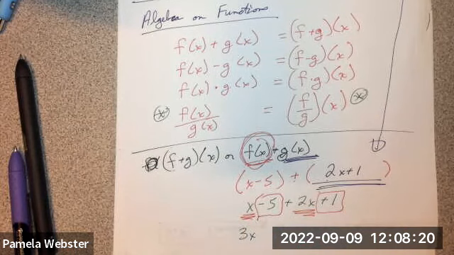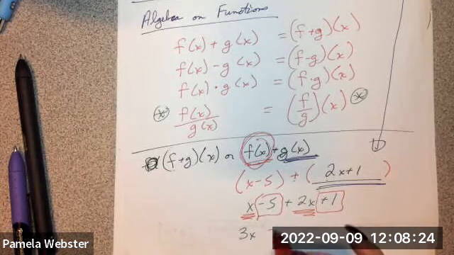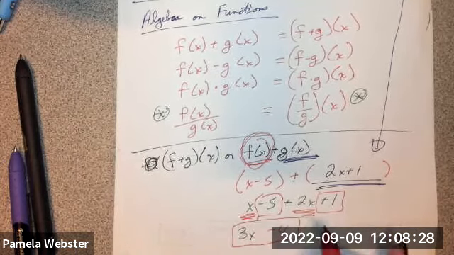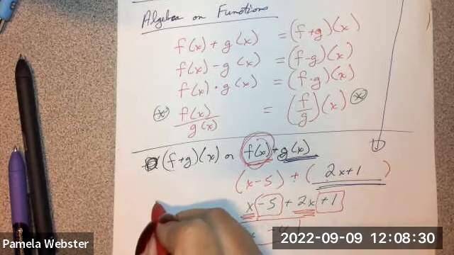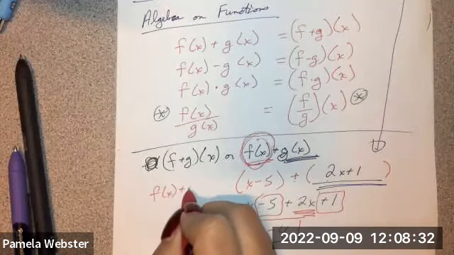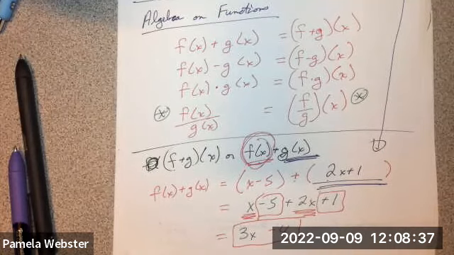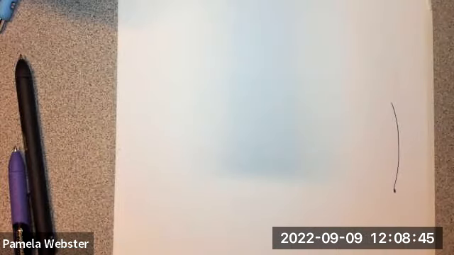So what's minus 5 and plus 1? Minus 4, right? Negative 4. So what I have here, when I finish, and I didn't write it here, but it was f of x plus g of x equals 3x minus 4. Okay. So that one's not terrible because it was addition, right?